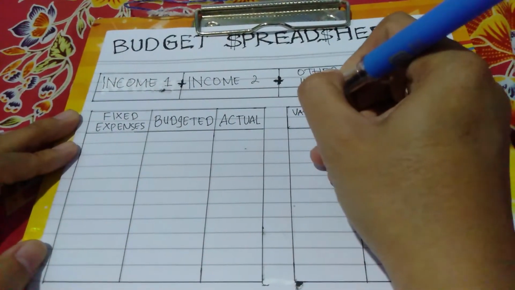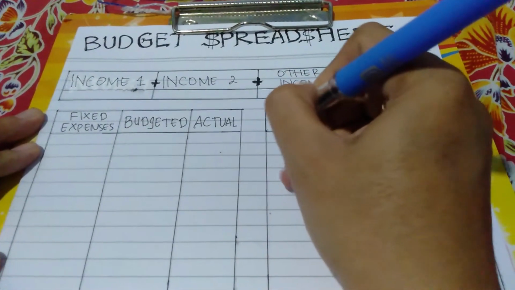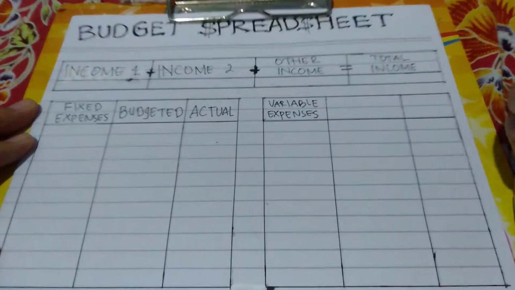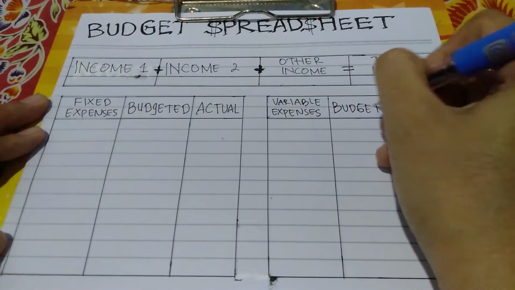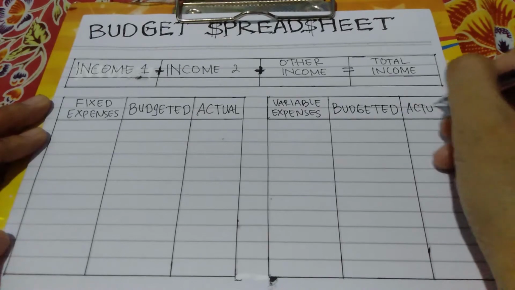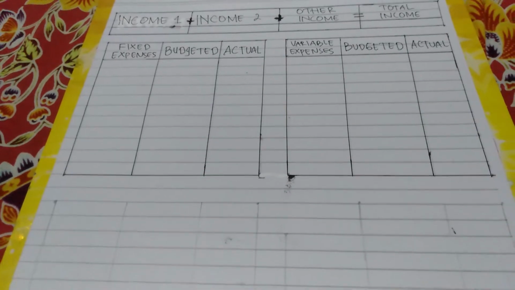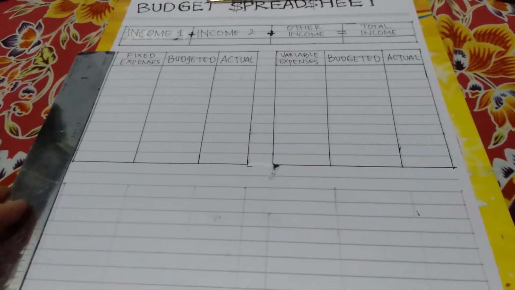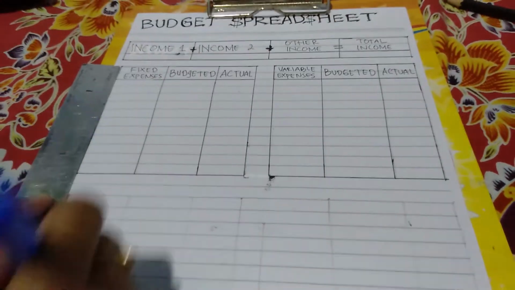For example, you pay your regular fee, just like school or home or any other credit that you need to pay monthly. So you can put those things in the fixed expenses. Meanwhile, variable expenses are any other kind of expenses beyond the fixed ones.